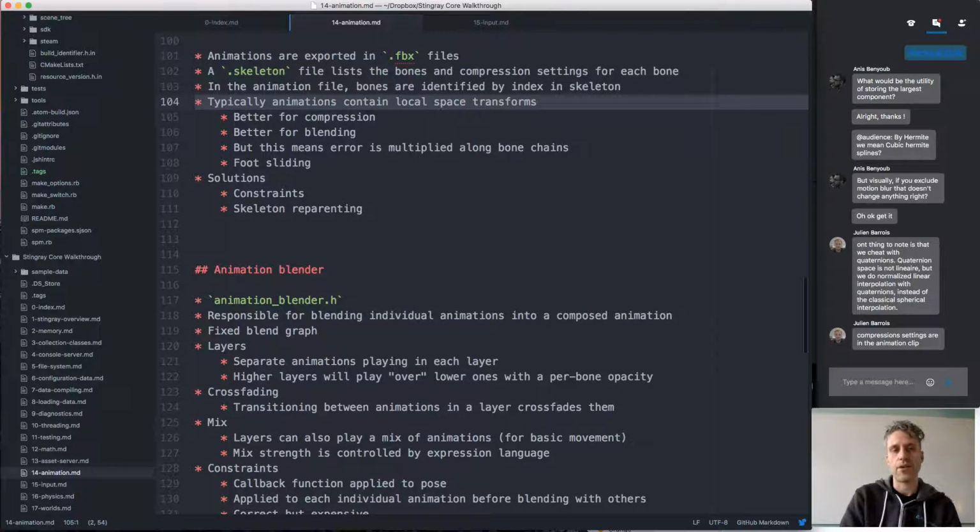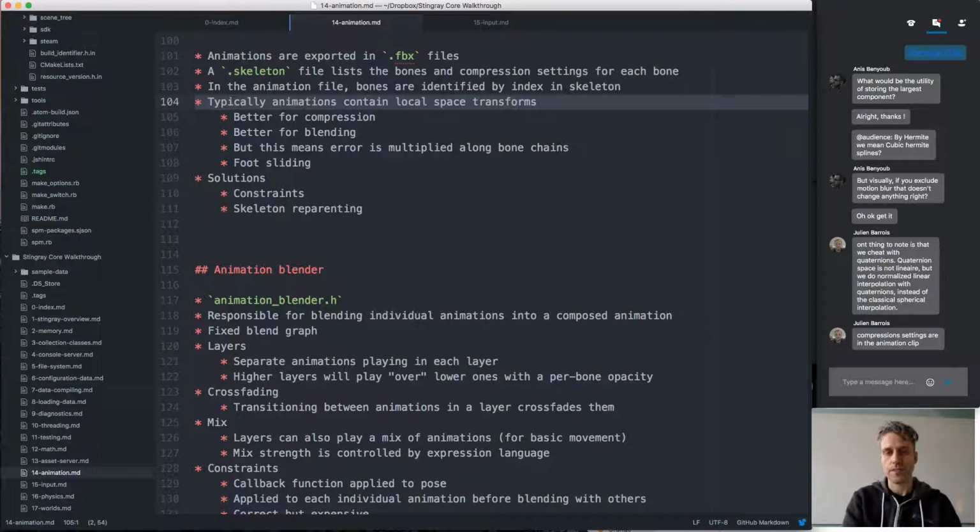Typically, our animations will contain local space transforms. By local space transforms, I mean that they contain the transform with respect to the parent node. So if I have my arm and my wrist, and the wrist has the same rotation as the arm, it would be a 0 rotation stored for the wrist, no matter where we were in world space.